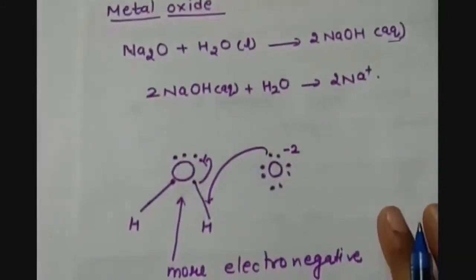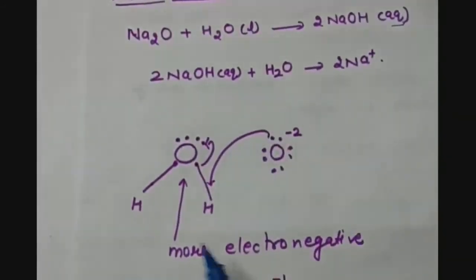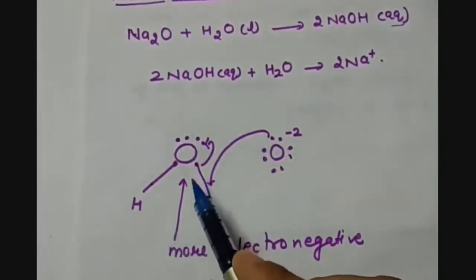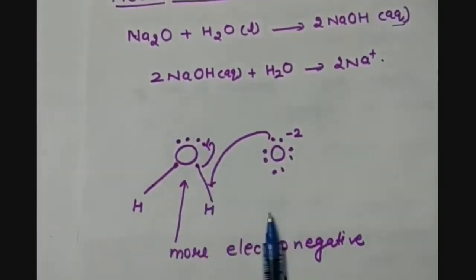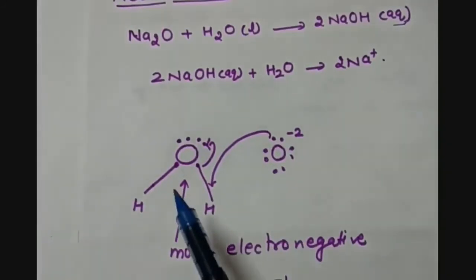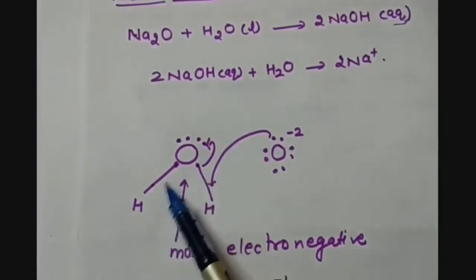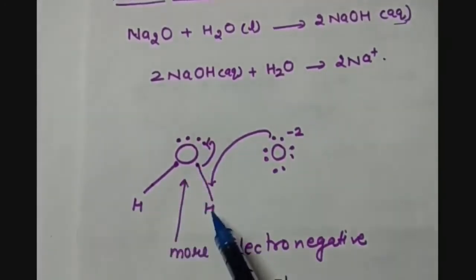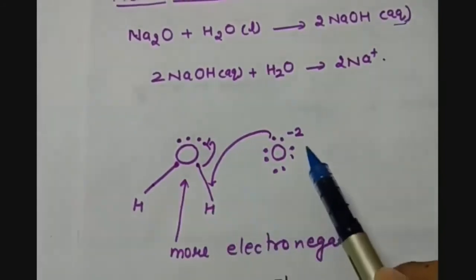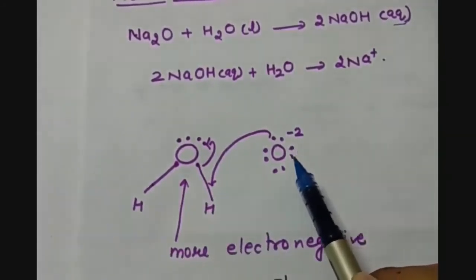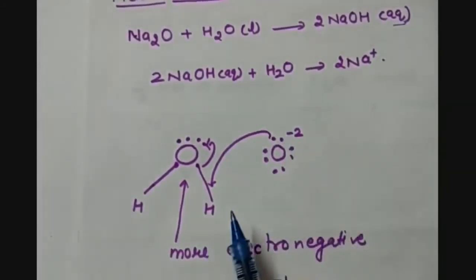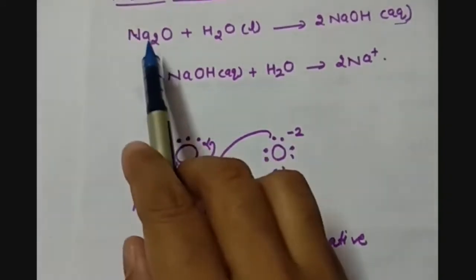So look here, we have H2O, water. That is a covalent compound, and oxygen is forming covalent bonds with hydrogen. And along with it we have O2-, because we had Na2O.